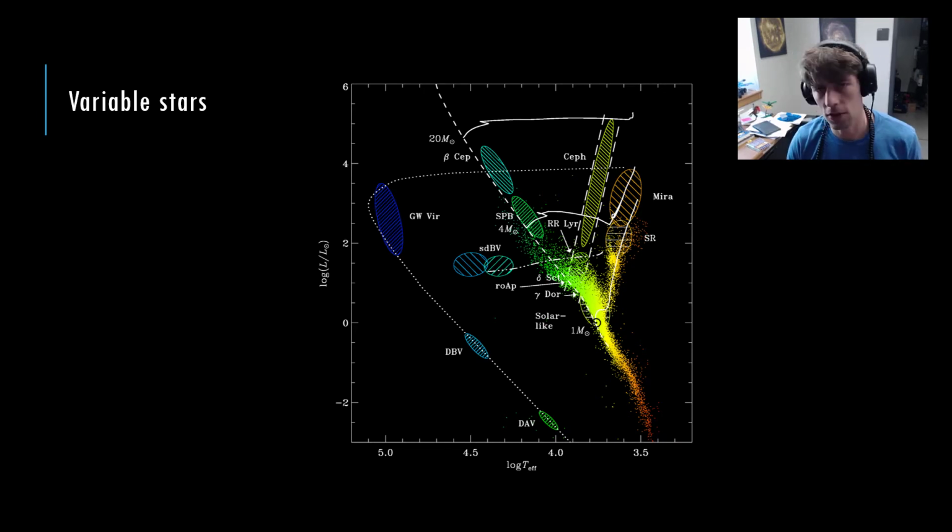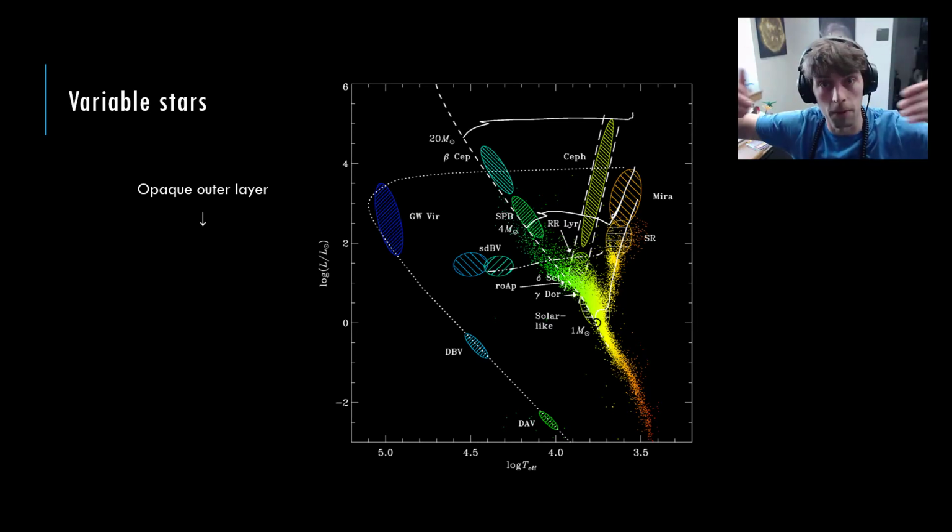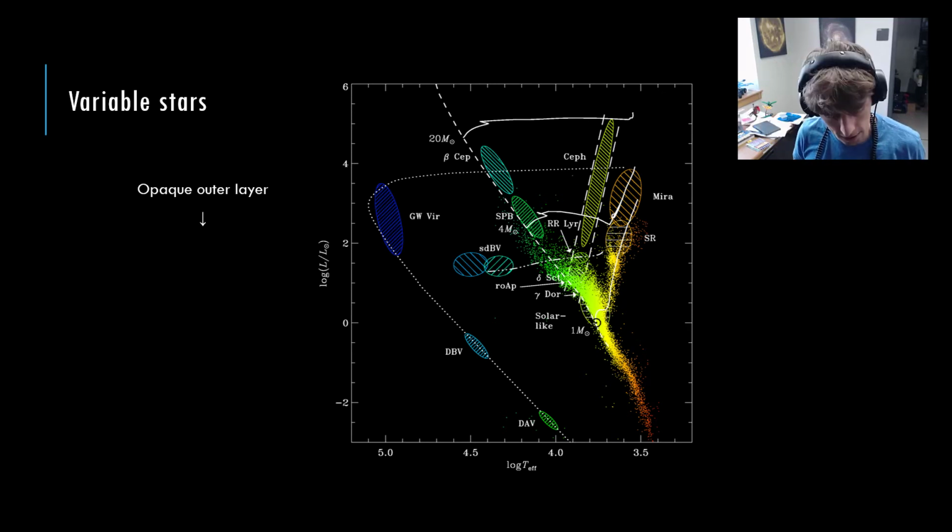We have to start with the outer layer of the star. Imagine that you have a material that, at low temperature, becomes opaque. In other words, at low temperatures, the layer does not let light come through. It blocks the light from escaping the star. That's our starting point. What are the consequences?